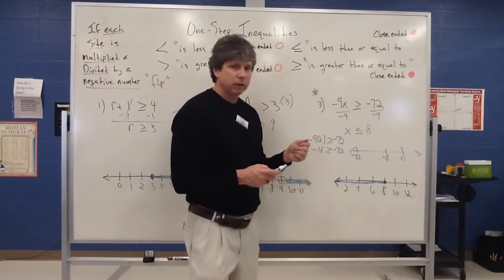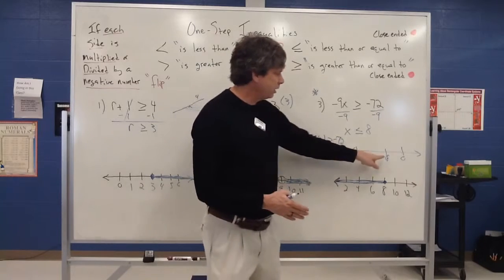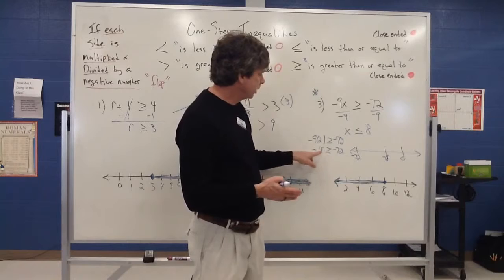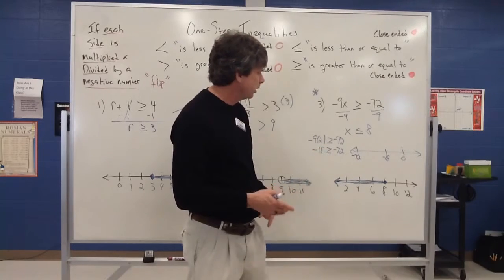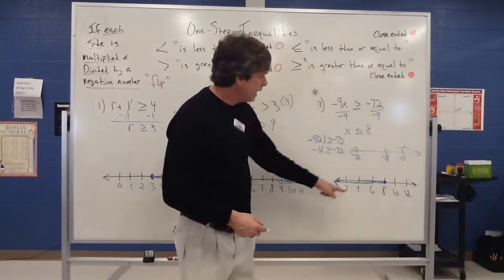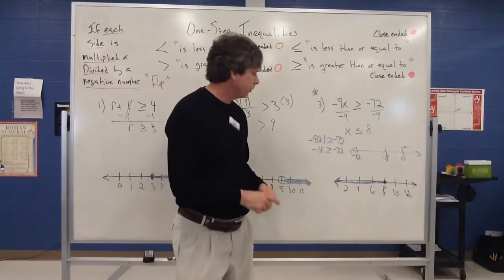And we learned that the number to the right is actually worth more. So -18 has more value than a -72. So it does hold true that -18 is indeed greater than a -72. So that does check out when I verify it. So any number less than or equal to 8 will work for this problem.